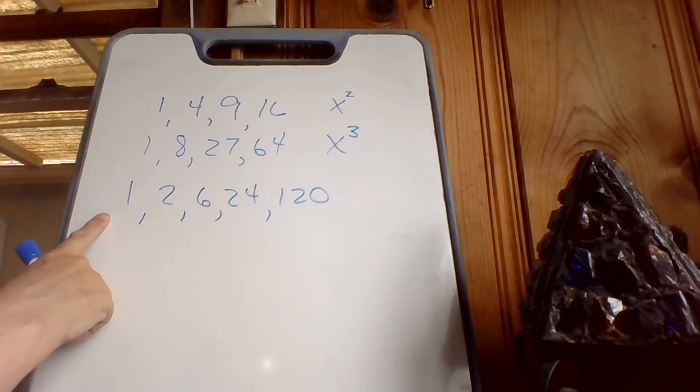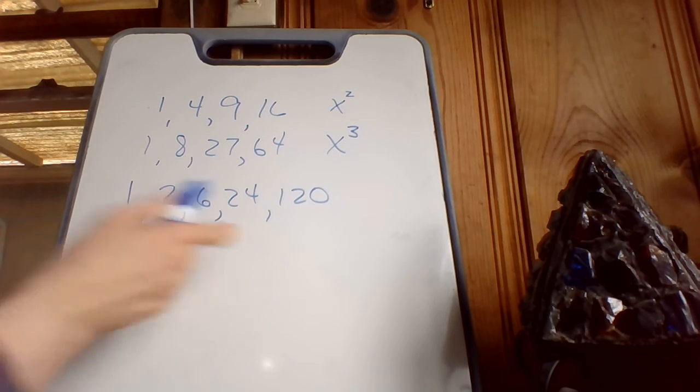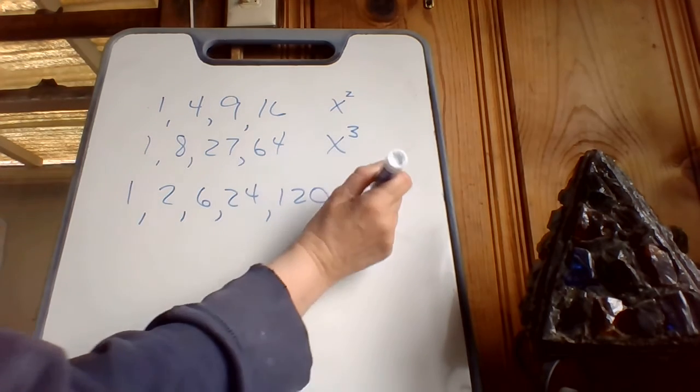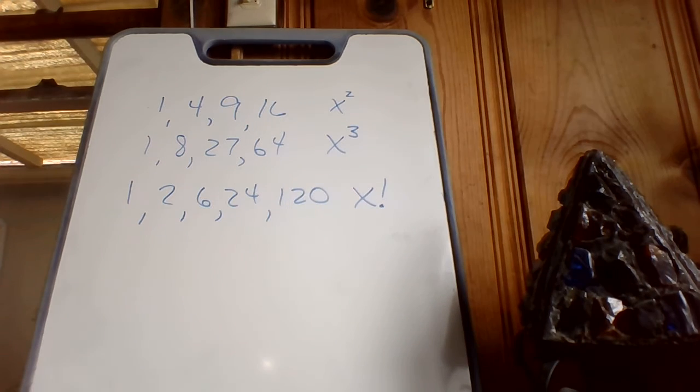So 1 factorial is 1. 2 factorial is 2 times 1. 3 times 2 times 1. These are the factorials, but it's not like I even recognize the factorials unless someone comes right along and points it out. So on these ones, there is no plan.